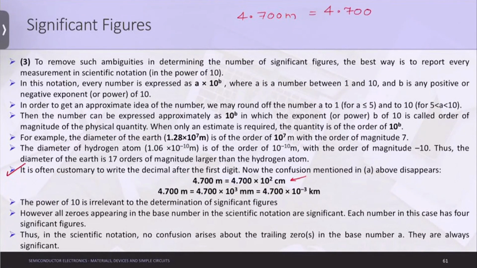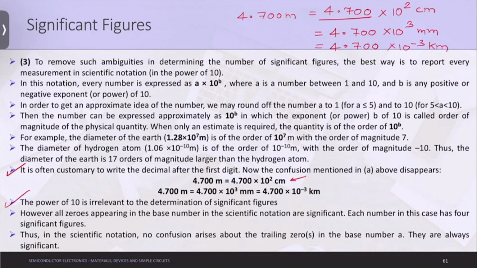We are just writing 4.700 × 10^2 centimeters, because this thing cannot be changed, so we are ignoring the statement. Similarly, we can also write this as 4.700 × 10^3 mm. Similarly, we are writing this as 4.700 × 10^-3 kilometers.